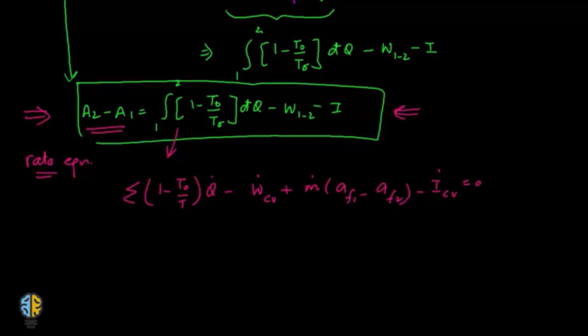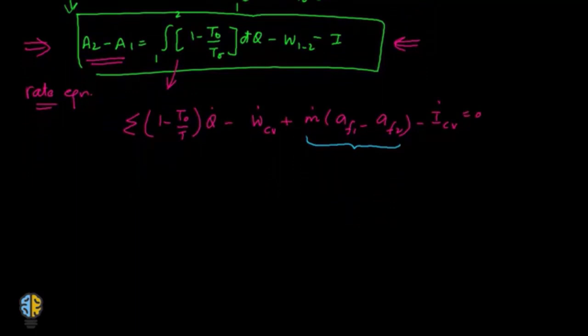This particular term is worth noting down. If you multiply with the mass, you get the complete value, but if you only take this value, it is per unit mass.